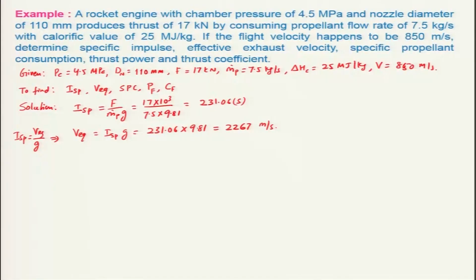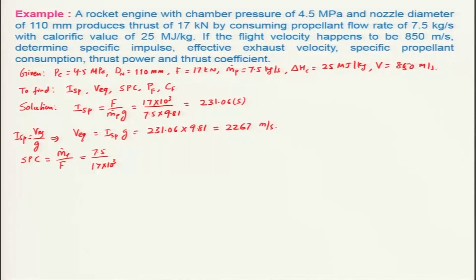Then we have to find the specific propellant consumption. By definition it is m dot p by F, and we know m dot p is 7.5 kg per second and F is 17 kilonewton.